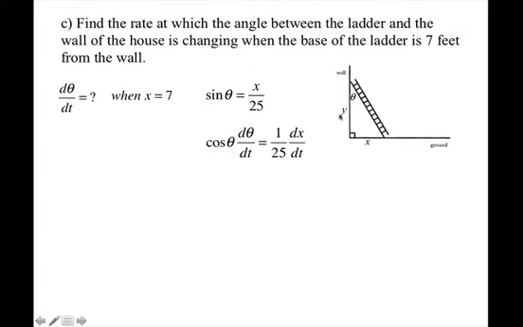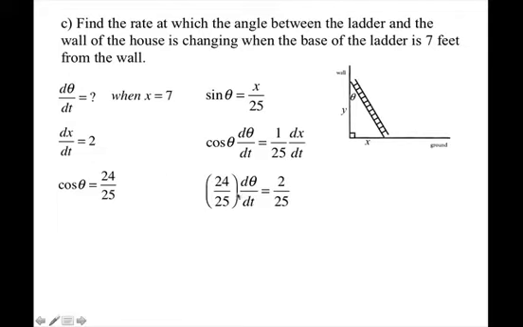We know that y equals 24, and the hypotenuse is 25, so cosine theta equals 24/25. I can plug in what I have and solve for d theta/dt, which gives me 1/12 radians per second.